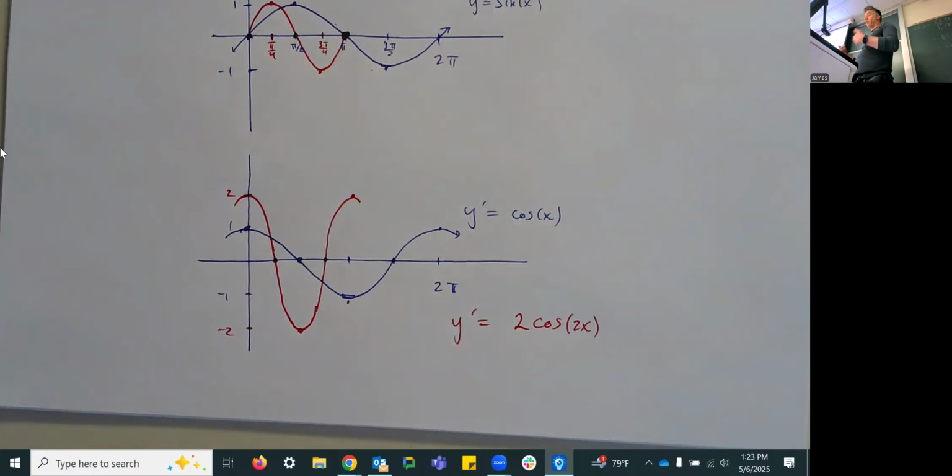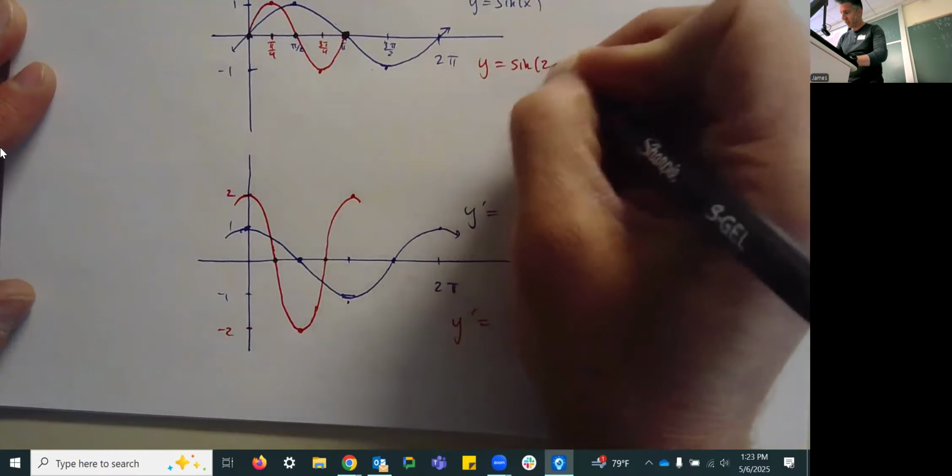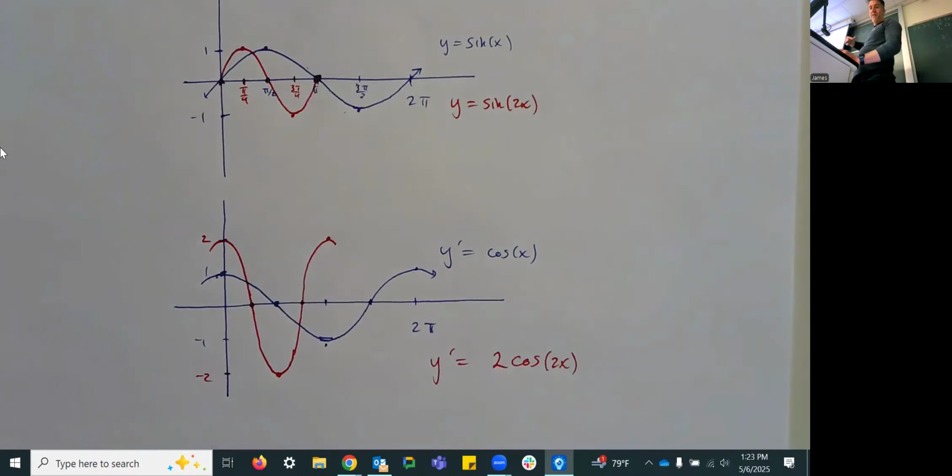But that is exactly what we expected the derivative of sine of 2x to be using the chain rule. It's cosine of our stuff times the derivative of our stuff. So I know it's kind of a lot just for one example, but hopefully that at least a little bit better shows you that this idea of the chain rule works for any type of function.